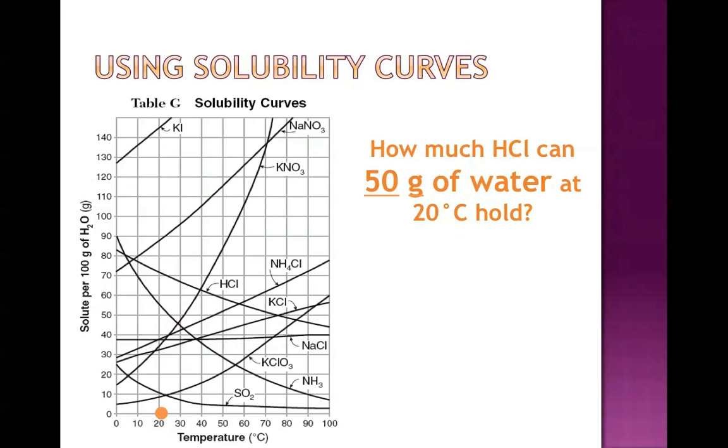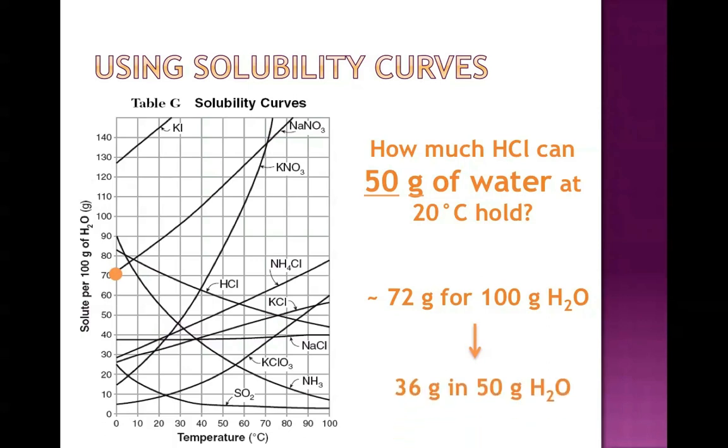So for example, how much HCl can 50 grams of water at 20 degrees Celsius hold? So I'm going to use the same process as before, start at 20 degrees Celsius, go up until I hit the line, and then go over, and I see that I get 70 grams per 100 grams of water. Okay, now because I cut the water in half to 50 grams, that means then that I also have to cut the amount of solute.